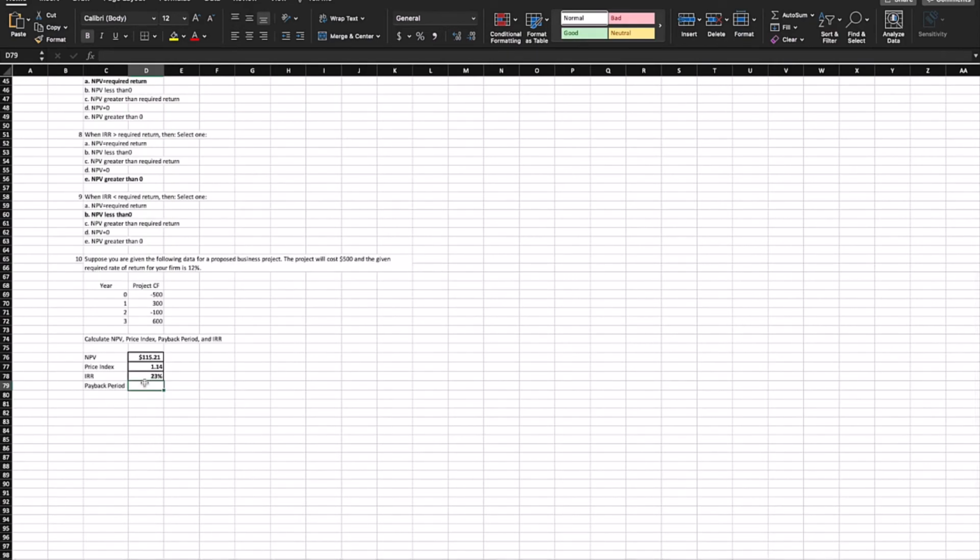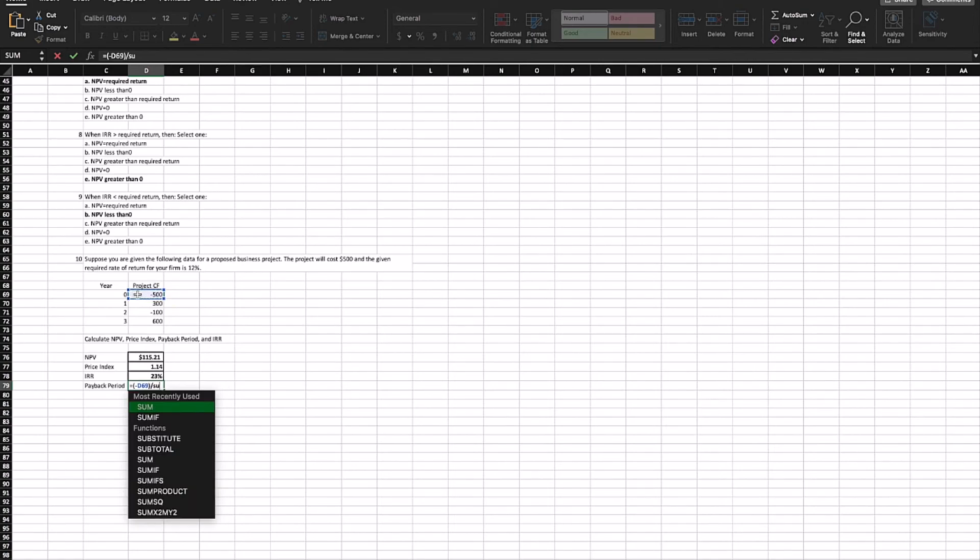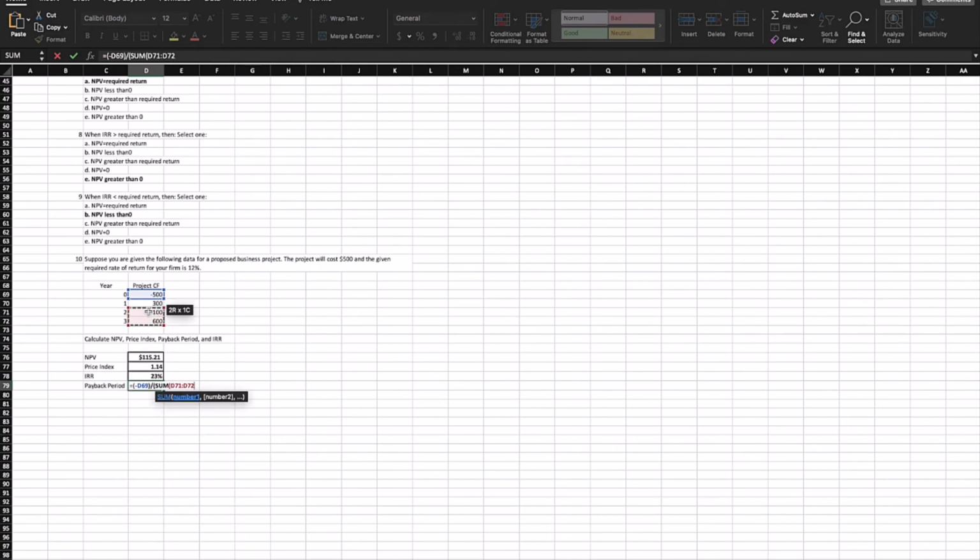So we're going to go equals. So what did it cost us first? So we have to get our $500, and we have to divide that by the sum. We should probably put a parenthesis because there's a sub fraction here. So we have to sum up our future cash flows. All right.